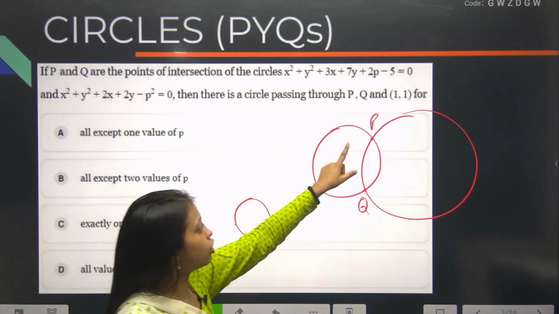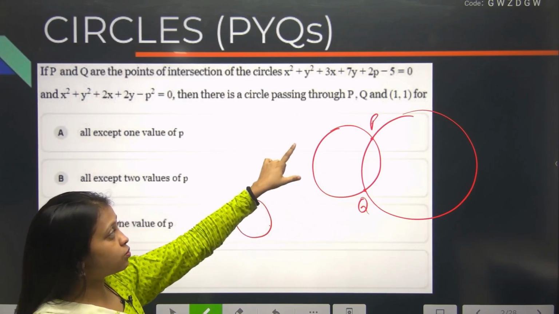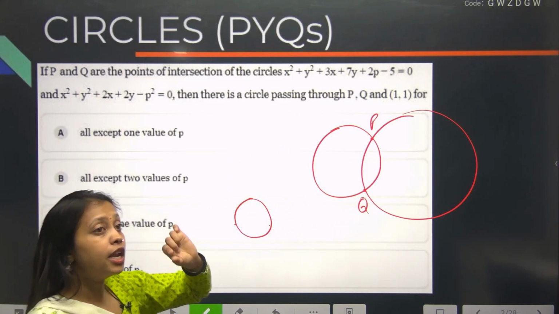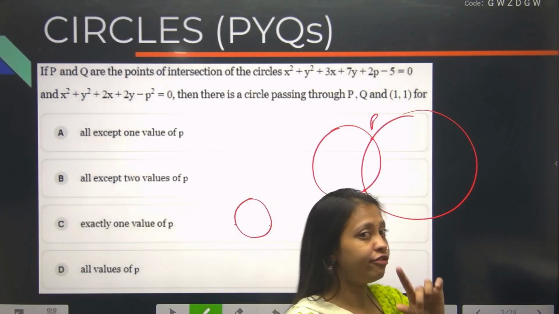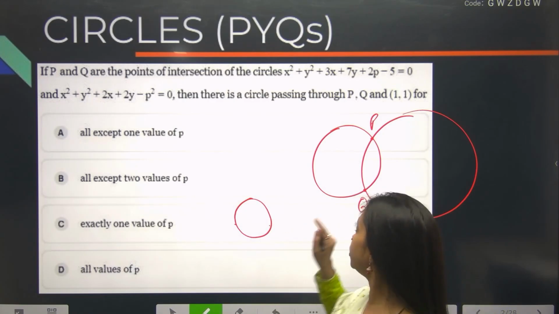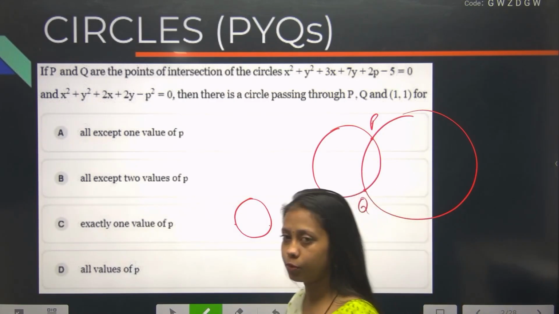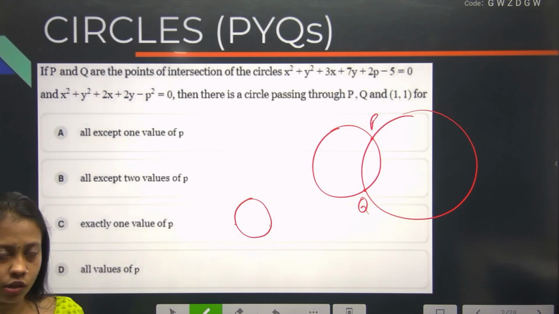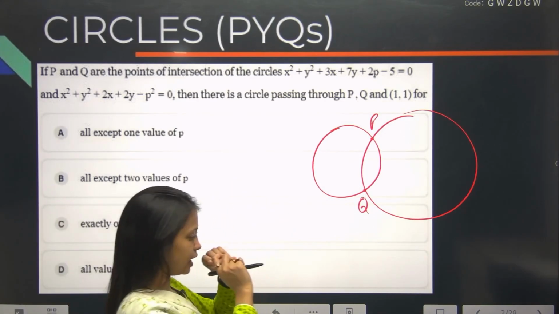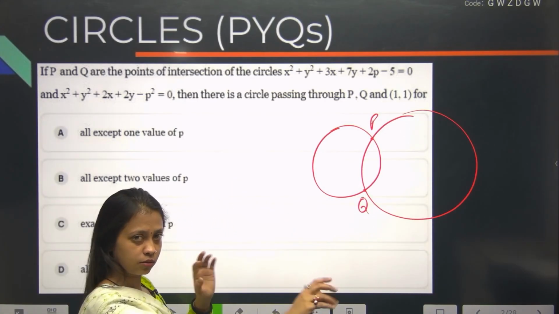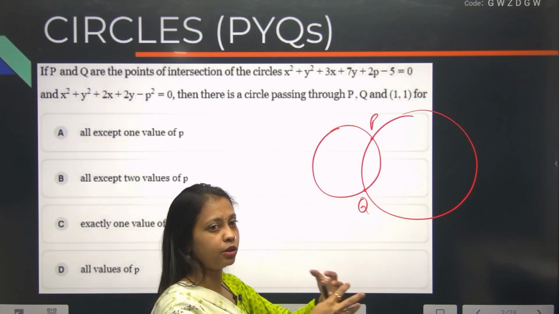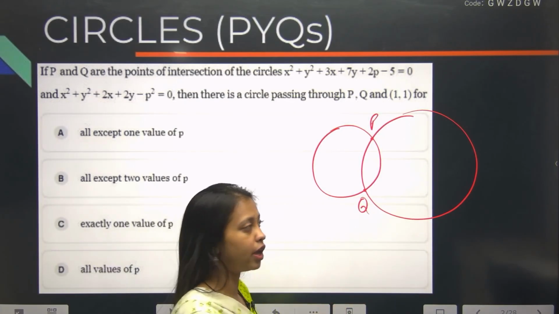Now they are already talking about P and Q, and there is another point (1, 1). If (1, 1) is collinear with P and Q, that means the circle is not possible. That's the only case, so I have to take that exception, meaning that value of p is not allowed.